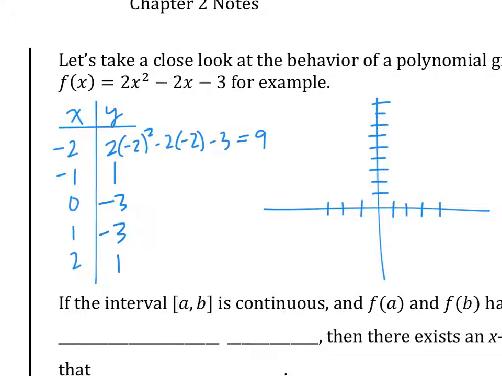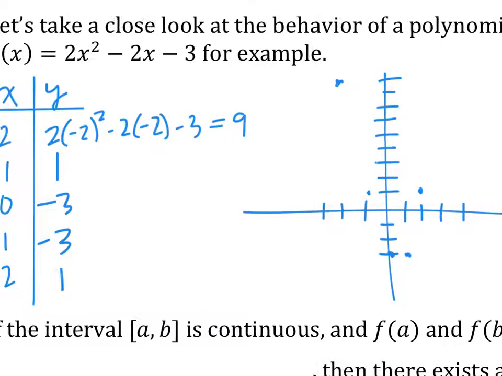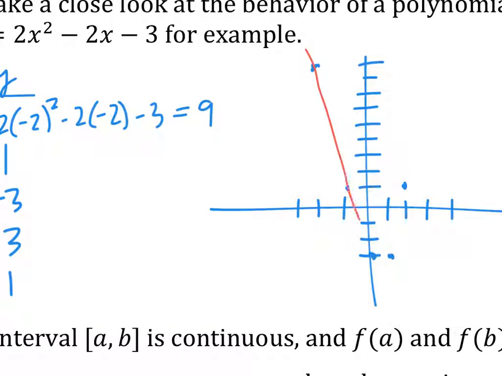Okay, so -2, 9, -1, 1, 0, -3, 1, -3, 2, 1. All right, this is going to be a parabola, right? So we're probably going to connect the points. Something like this. We don't really know how it's going to look, but something like that.